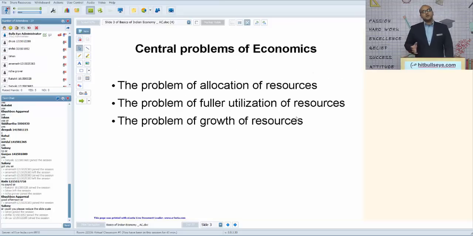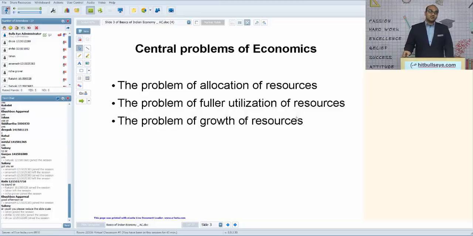Now, talking about the central problems of economics. First of all, we spoke earlier about the problem of allocation of resources. These resources might be economic resources in terms of capital, the money that we have.